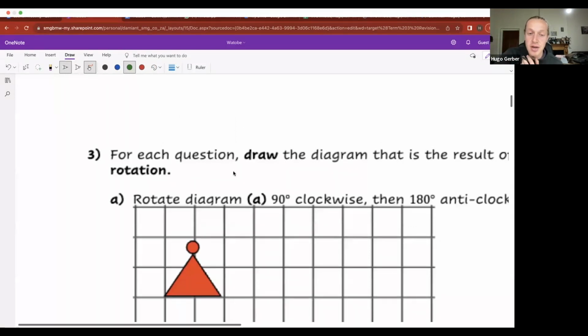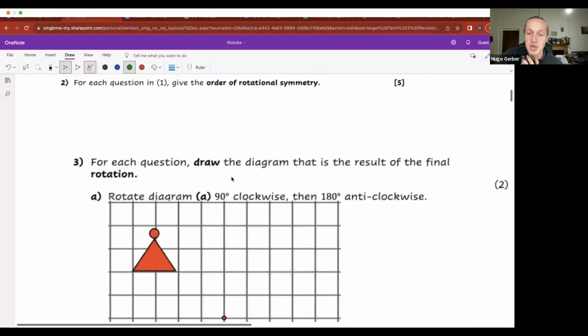You can know as much about maths as you want to, but if you do not know how to read a question and give them what they ask you to give or do what they ask you to do, then you're going to probably give them the wrong answer, okay? So please, guys, always make sure if you're using 2 minutes on a question, make sure you use at least half of the time, 1 minute, to read the question, make sure you understand what they're asking you to do.